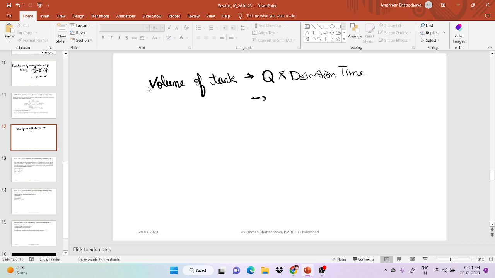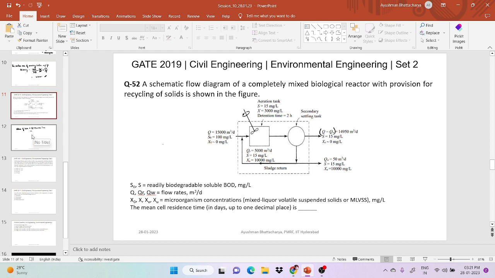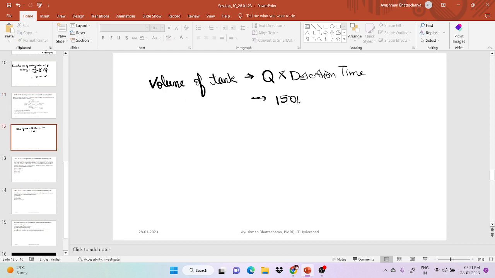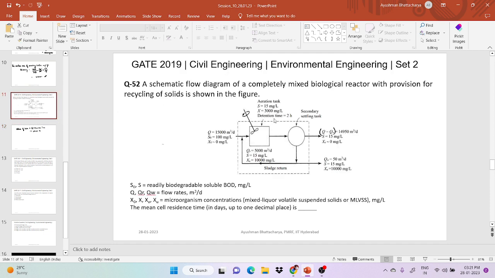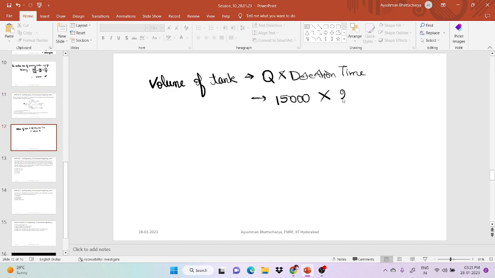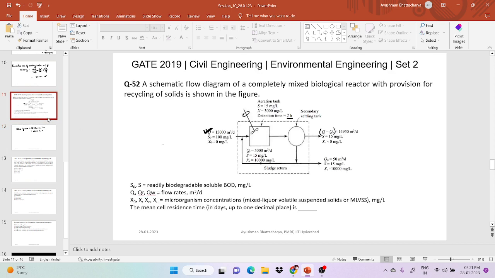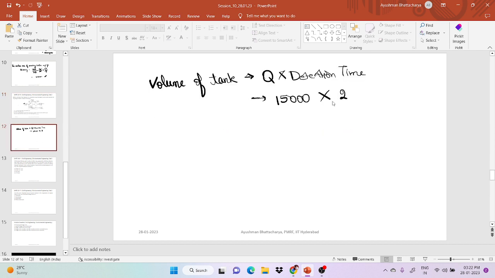So flow rate, how much have they given us? 15,000 meter cube per day, and detention time is 2 hours. They have mentioned it. See, this is the 2 hours, and this data I am using. So Q into 2 hours divided by 24 because it is in days. This is meter cube per day. So we will get 1250 meter cube. Okay. So now the volume of the tank is 1250 meter cube.